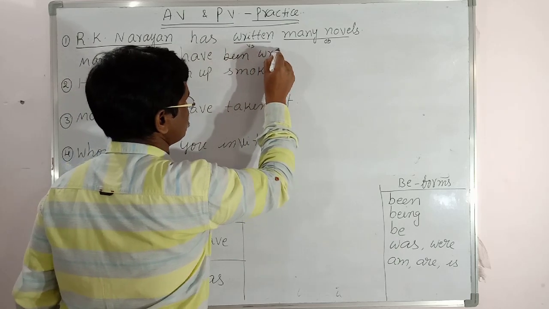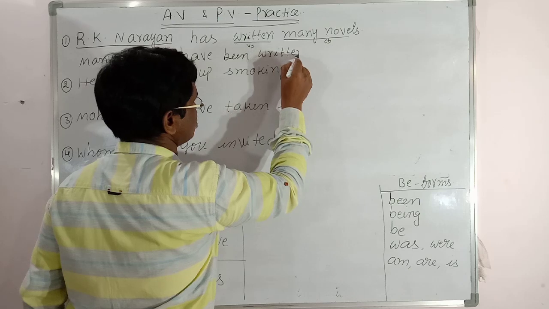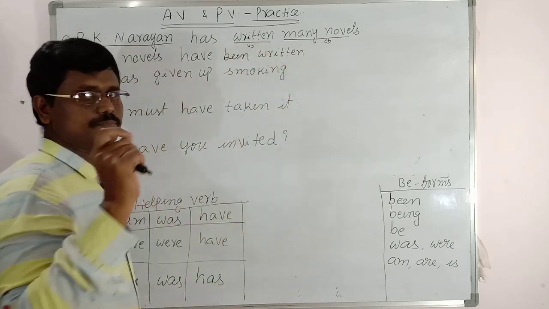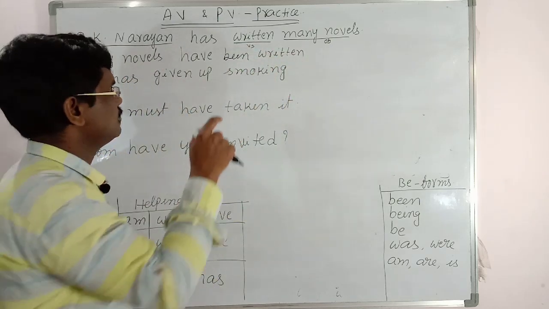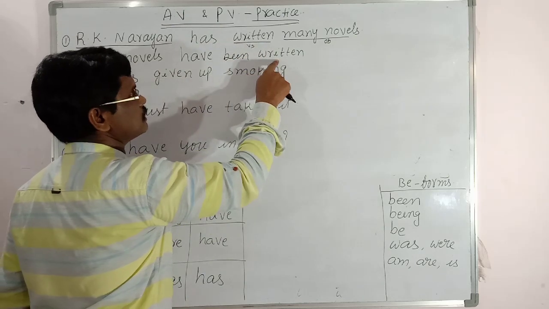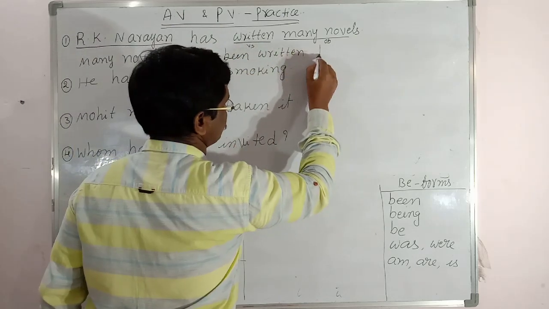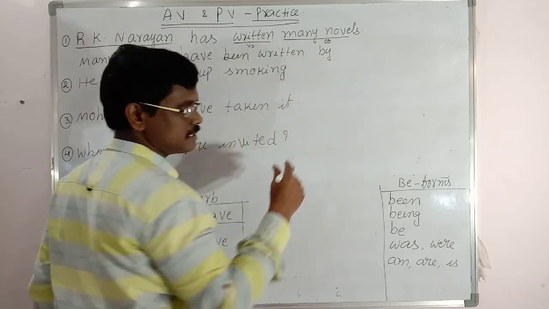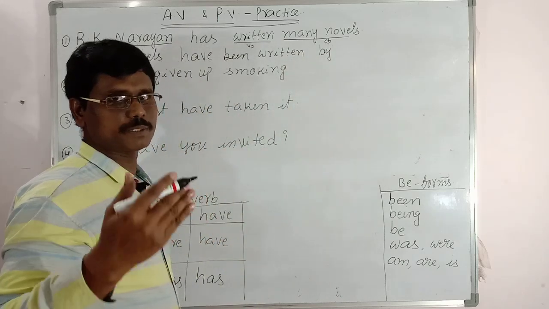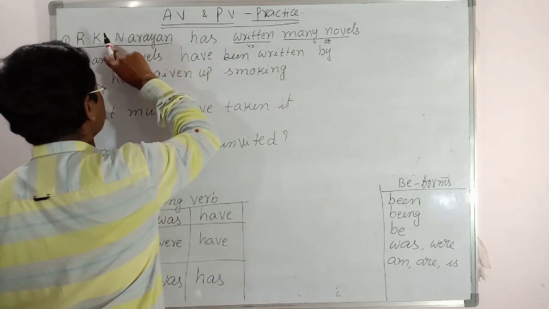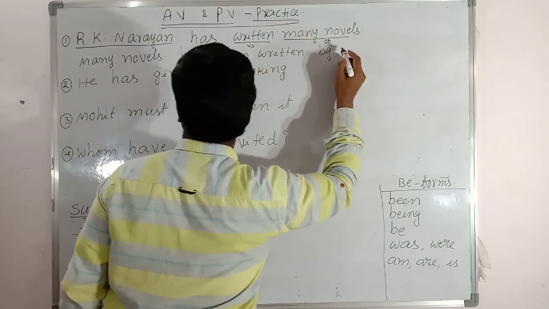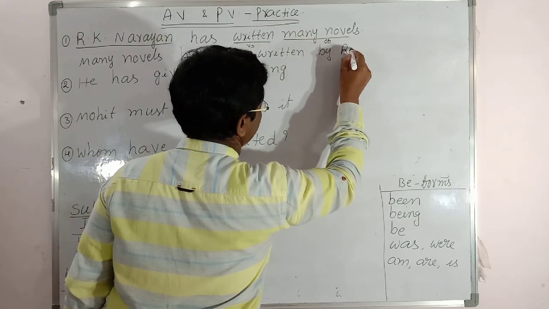Verb 3 as it is we write: written. This is the second tip. Easily you can understand. Verb 3, been, verb 3, generally followed by the preposition by. Generally we use the appropriate preposition, here by, and this subject comes this side, that is R.K. Narayan.